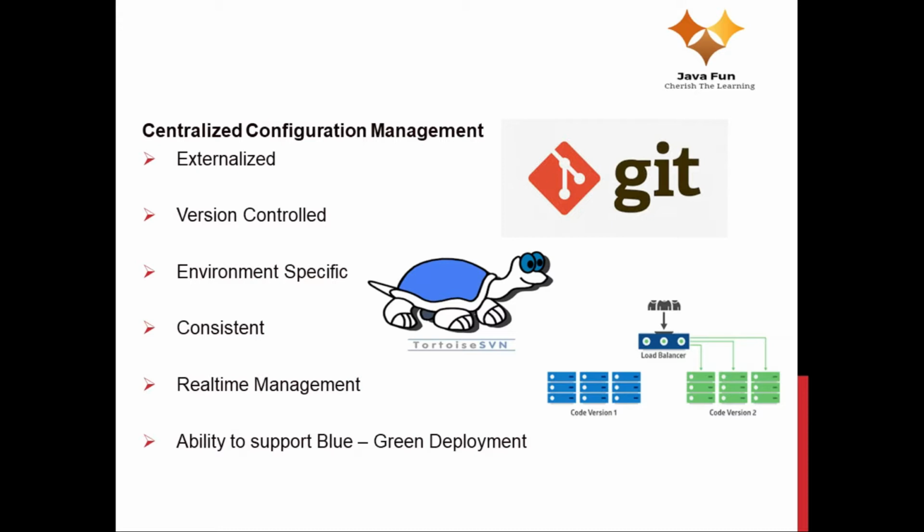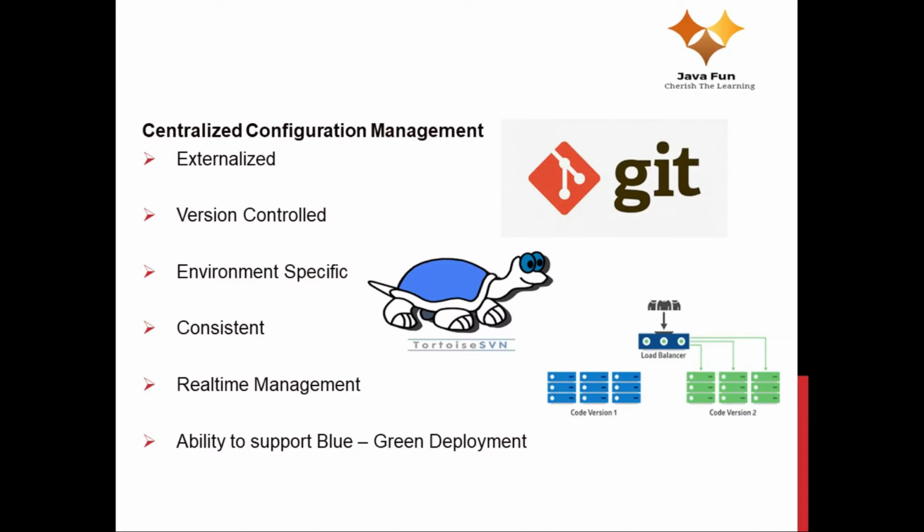They are version controlled, which means that your properties are backed by Git or a Tortoise SVN based version management tool. You can specify environment specific properties, as in different properties for dev, SIT, UAT, and production.